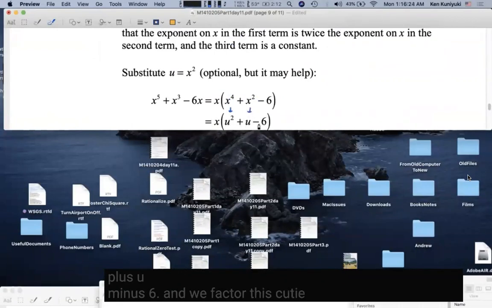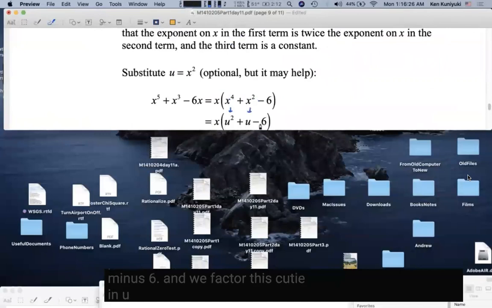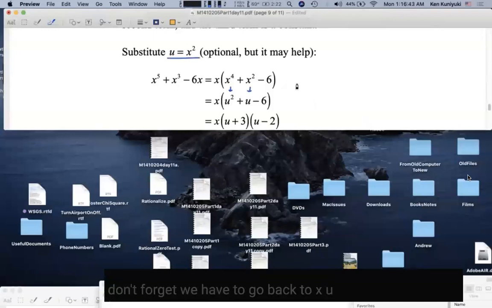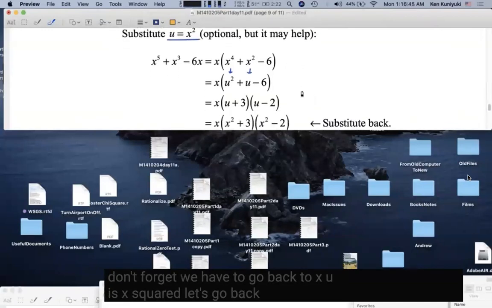And we factor this quadratic in u. So when we do that, we have, don't forget the x, and then we have the factor u plus 3, and then the factor u minus 2, or vice versa. Don't forget, we have to go back to x. u is x squared. Let's go back.